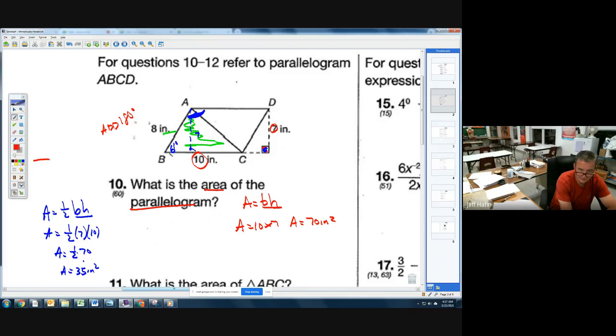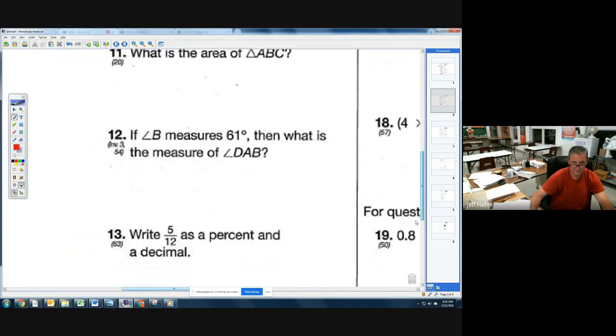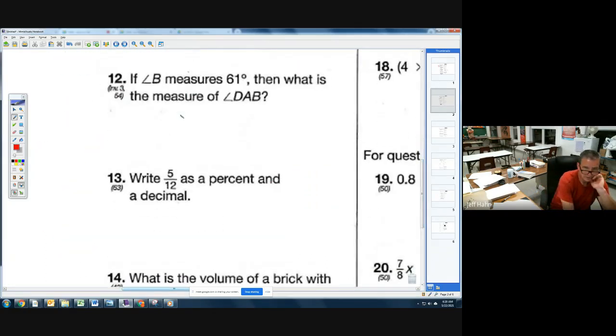They form a straight line. If I were to take this angle and set it right next to this angle here, it would make a straight line. So all you need to do is take 180 and subtract your 61 degrees, and you get 119 degrees. That is your answer for problem number 12. 119 degrees.